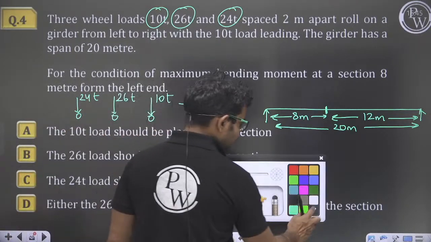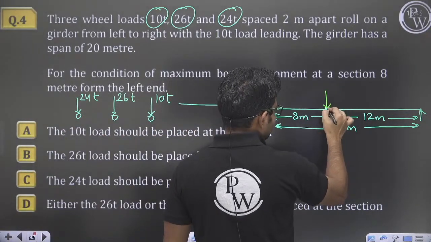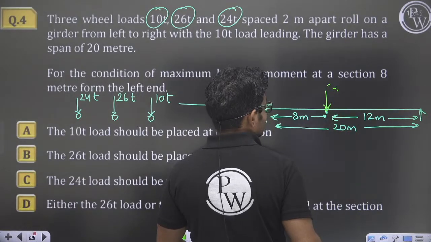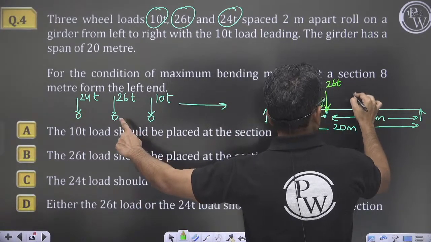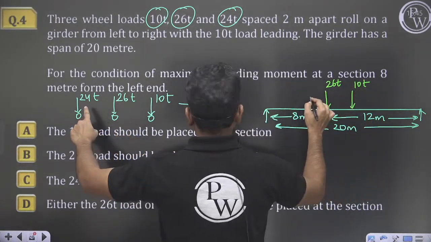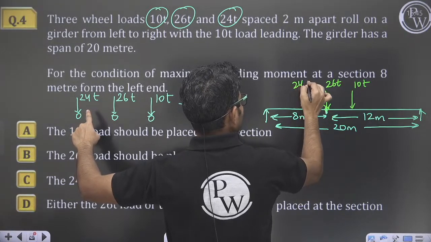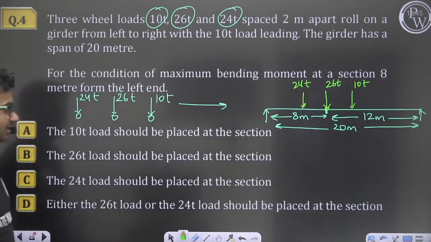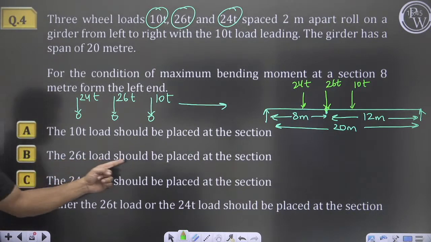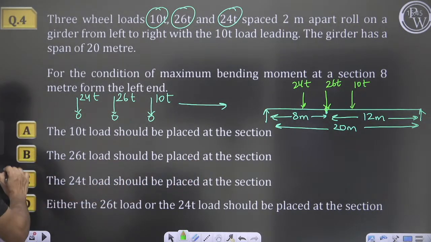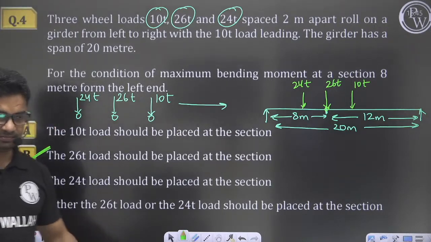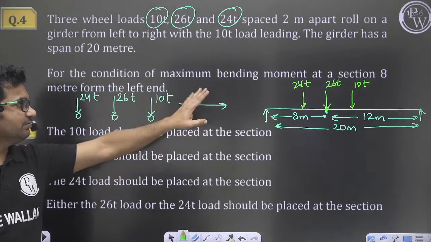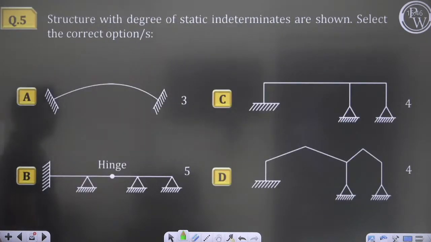So at this location the 26 ton load should be here, the 10 ton load here, and the 24 ton load here. The heaviest load is at the middle, so the 26 ton load should be placed at the section. Clear? Just by examination we can tell this.